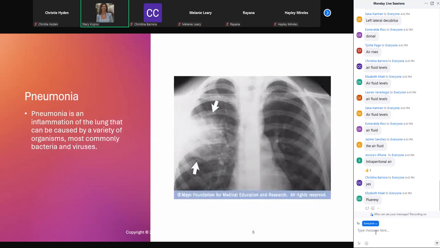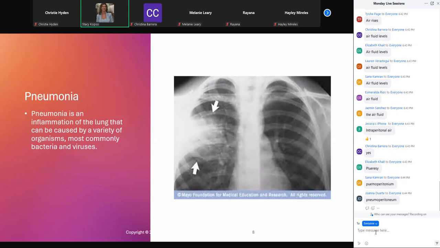Free air under the diaphragm, right? That's not supposed to be there. If it is there, likely some type of surgery caused it, right? Comment after surgery. Yes, there you go. Pneumoperitoneum. That's a word you'll need to know for the boards.